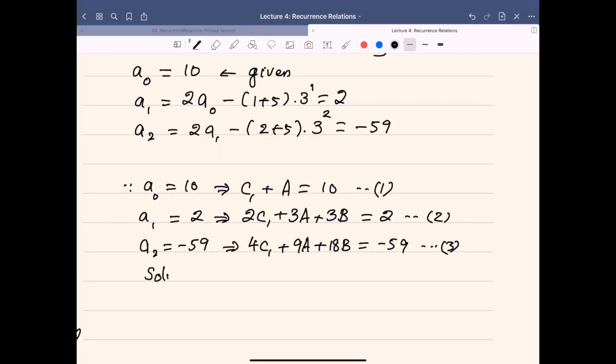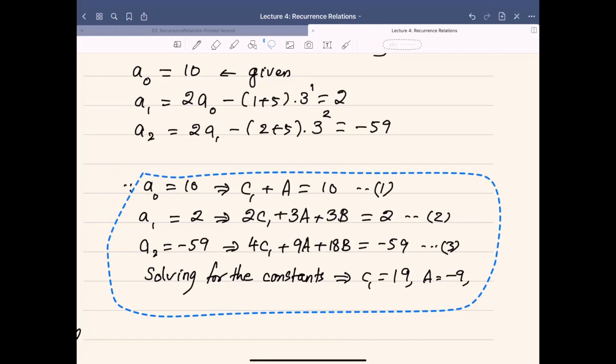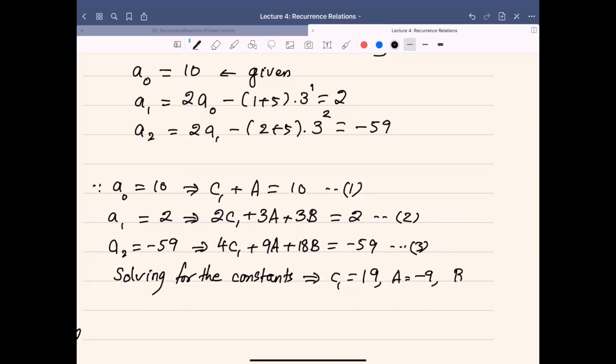Solving for the constants using the calculator, c1 will be equal to 19, a will be equal to minus 9, and b is equal to minus 3.